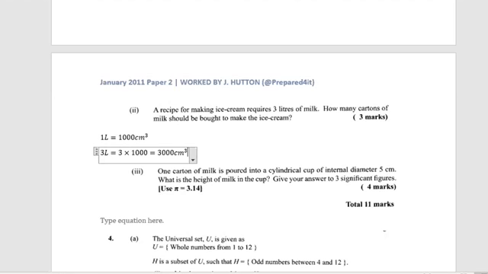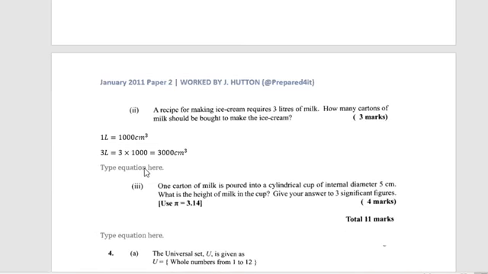So divide or multiply, which one is it? Multiply. Sir, I'll say divide. Indeed, we will divide.